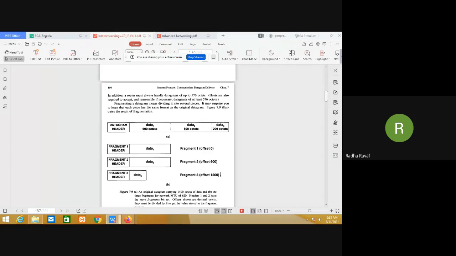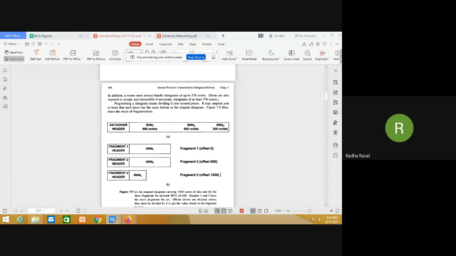Whatever format the original has, the same format your fragmented part has. Like a datagram having a datagram header, then your whole data is like 600, 600 and 200. So it's 1400 octets of data this datagram has, right? So I am dividing it into three parts: data 1, data 2 and data 3.